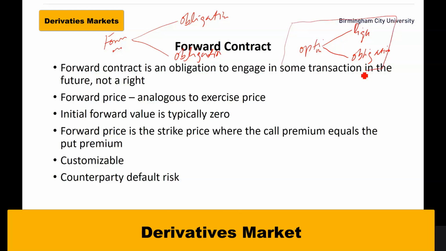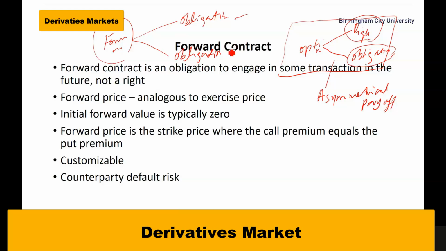That is why we say that options have what we call asymmetrical payoff. And we discussed this last week, where we said that the party with the right may have unlimited gains and limited losses, and the party with the obligation may have limited gains and unlimited losses. On the other hand, in a forward contract, both parties will have unlimited gains and unlimited losses possible.